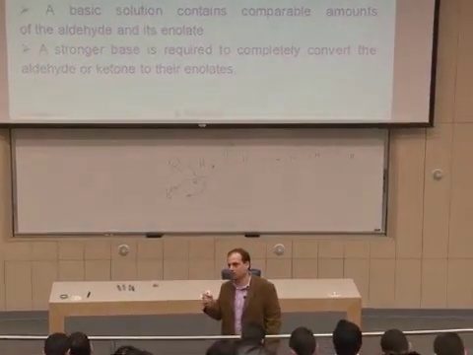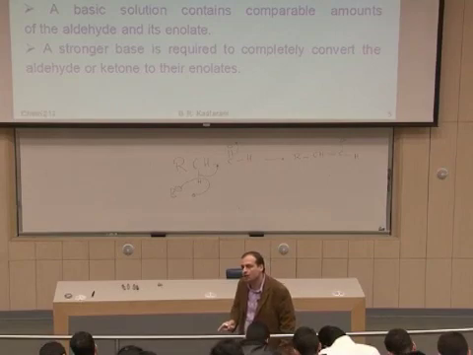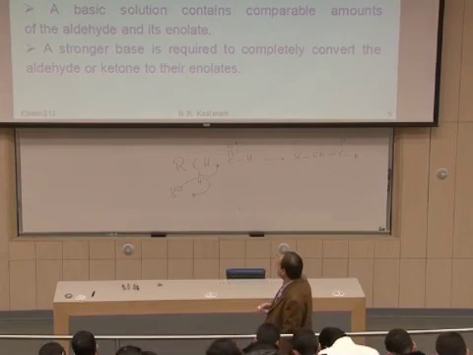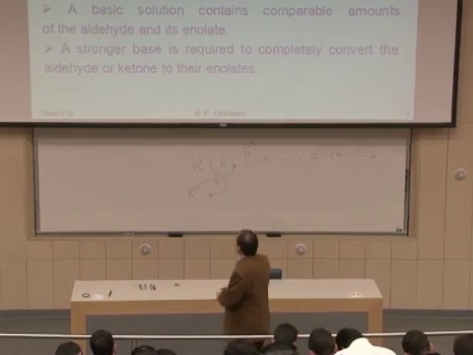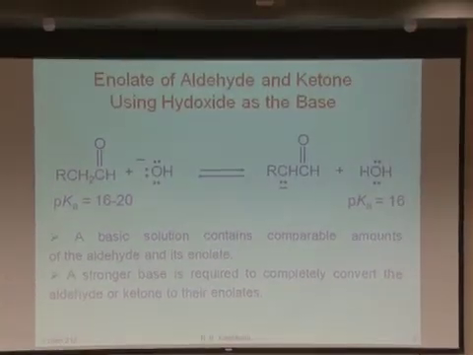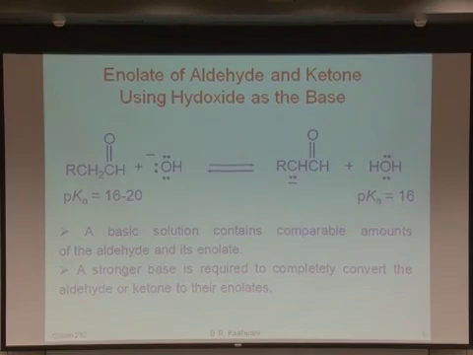The enolate is going to attack the aldehyde, and that we will refer to as the aldol condensation. So at this stage, I would like to draw your attention to the following. If you take an aldehyde and you add a hydroxide ion, you're forming an enolate, and the equilibrium constant here is closer to 1. So you have an equal molar ratio between the enolate and the aldehyde.